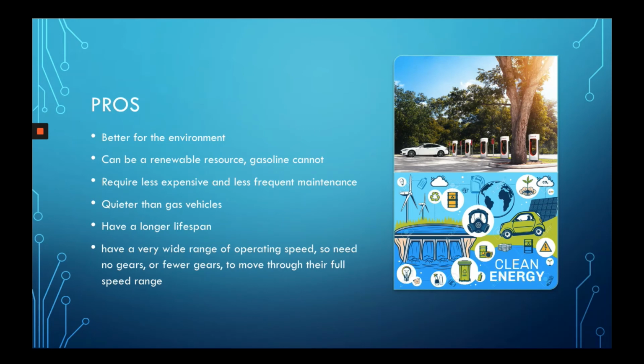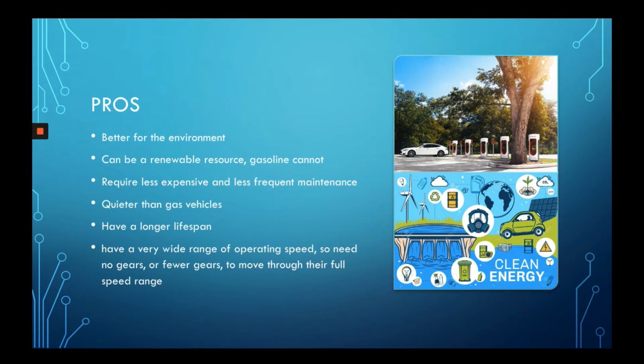And another pro is that they have a longer lifespan than gas motors do. So an electric car would run for much longer than a gas motor car would, which can save a lot of money in the long run because you wouldn't have to buy a new car.